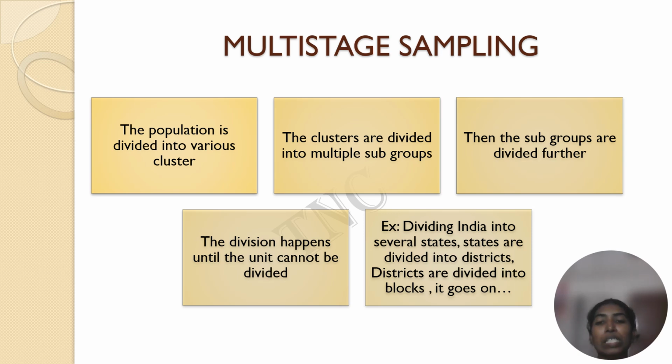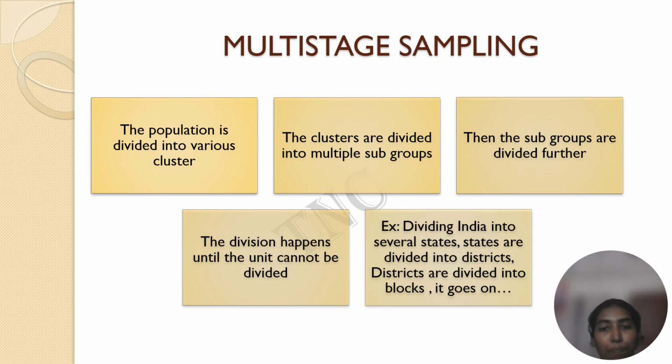Now the multi-stage sampling technique. The population is divided into various clusters. The clusters are then divided into multiple subgroups. Then the subgroups are divided further. The division happens until the unit cannot be divided.